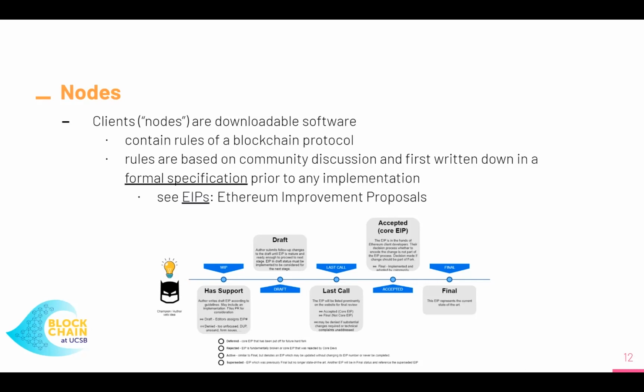The main point here is that there's a discussion and then a formal specification written down before any kind of implementation. One example of this is an Ethereum improvement proposal, which is exactly what we just talked about, where it's a formal written-down proposal for updating the software that we see on these nodes. So again, nodes are just downloadable software, and that's what helps run the blockchain ecosystem.